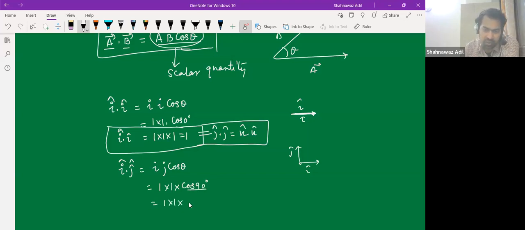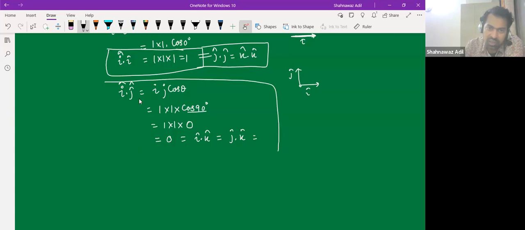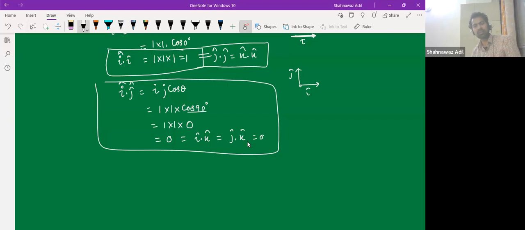Cos 0 is 1, and cos 90 is 0. So I dot j would be 0. Similarly, I dot k, j dot k, and j dot I would all be 0. So whenever we take the dot product of different unit vectors, it gives 0.